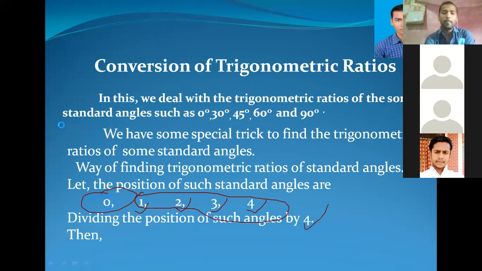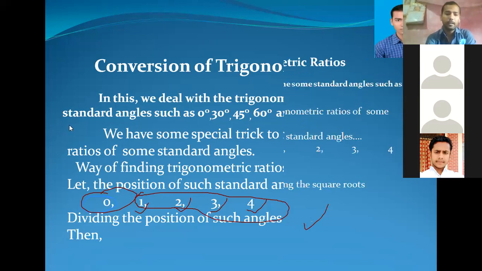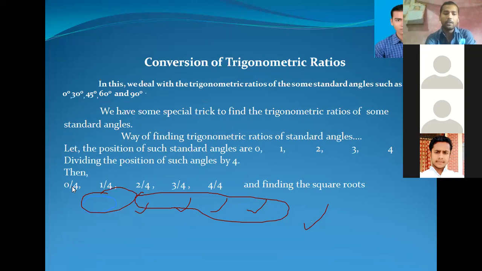Then we have 0 by 4, 1 by 4, 2 by 4, 3 by 4, similarly 4 by 4. And then after dividing all the place values of such angles by 4, we need to find their square roots too.